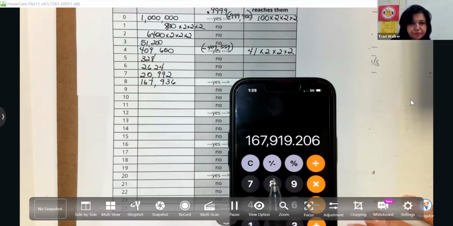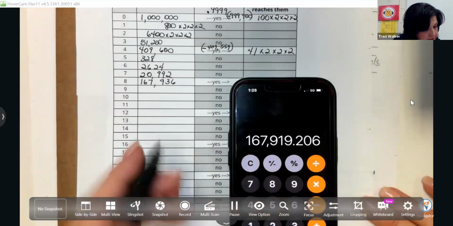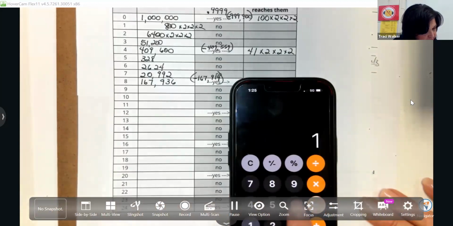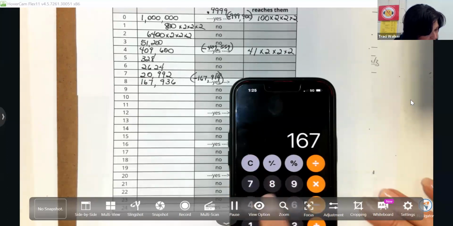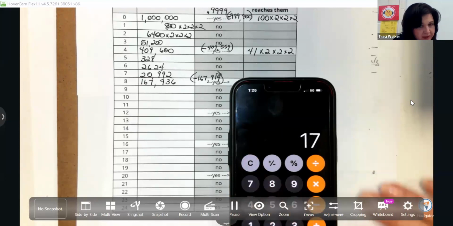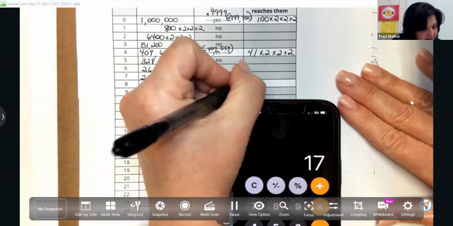Okay, so I'm going to subtract 167,919 from the population, because that's the number I'm going to kill. And now I only have 17 bacteria left.